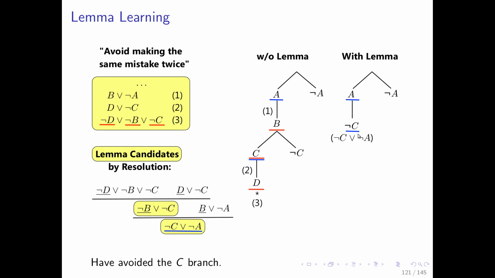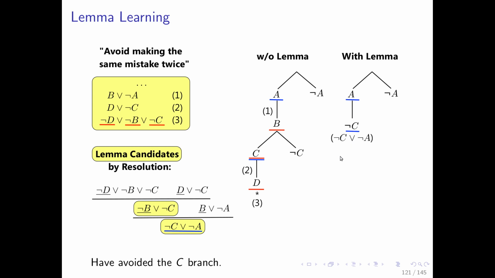Now, of course, to continue, we may have to make a decision point on B, or we may have to make a decision point on D, but we're never going to make this mistake again, right? Because having made part of the mistake, we avoid the second part of the mistake. That's what this clause says, right? It says either avoid A, or avoid C, or avoid both. So having not avoided A, we have to avoid the C.